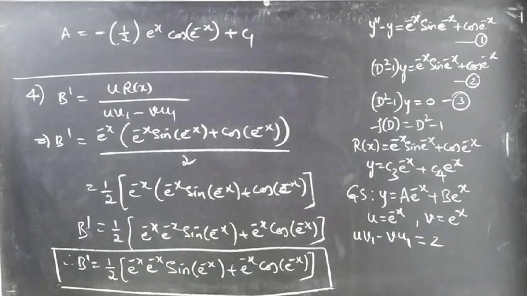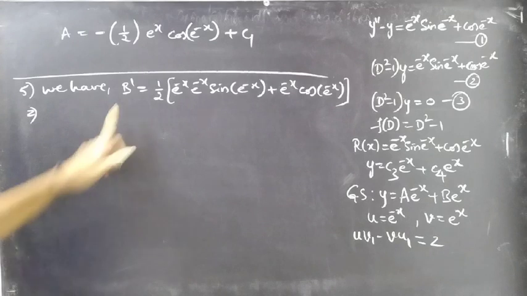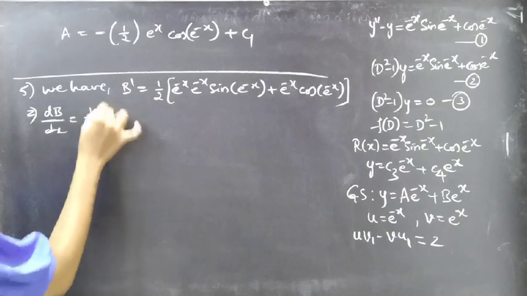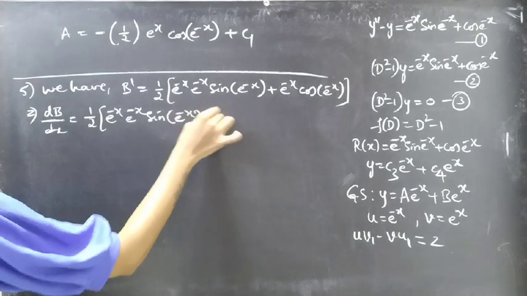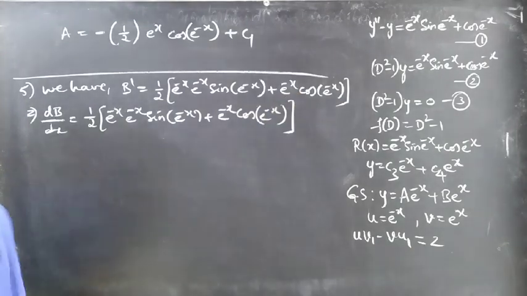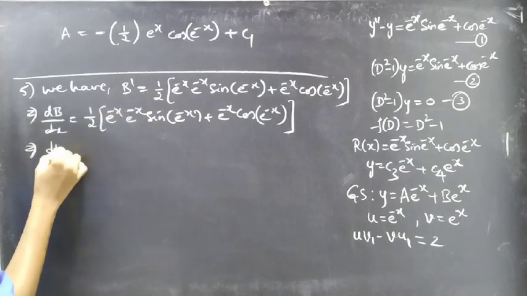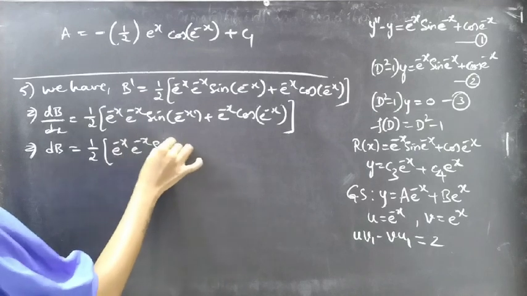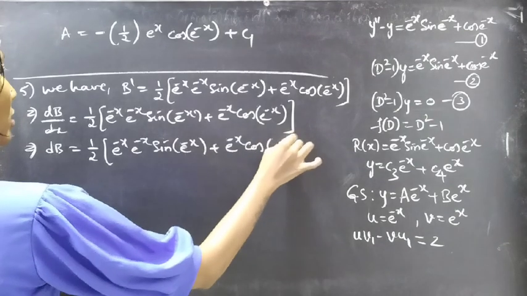Let's now find b using this b dash. We have b dash, and b dash is nothing but derivative of b with respect to x. RHS remains the same. Now let's separate the variables by taking differential dx to RHS. We'll get db equal to 1 by 2 of e power minus x sine of e power minus x plus e power minus x cos e power minus x into dx.